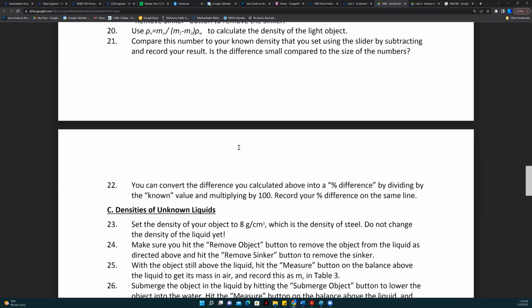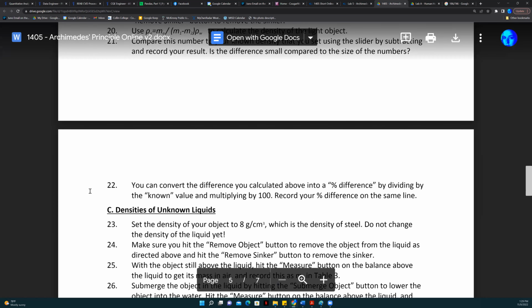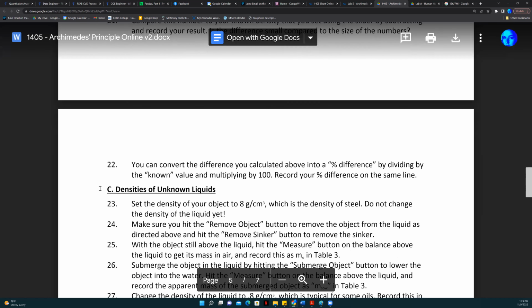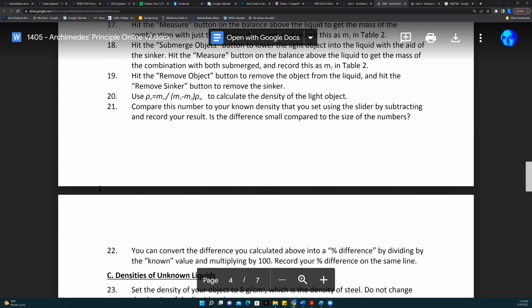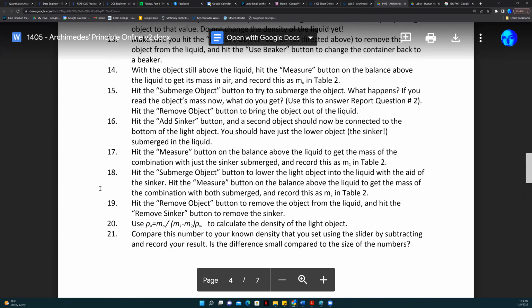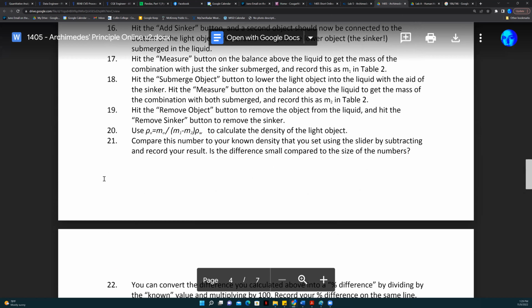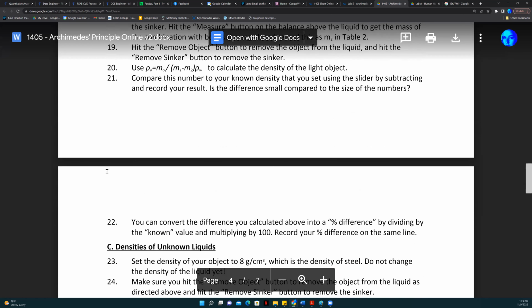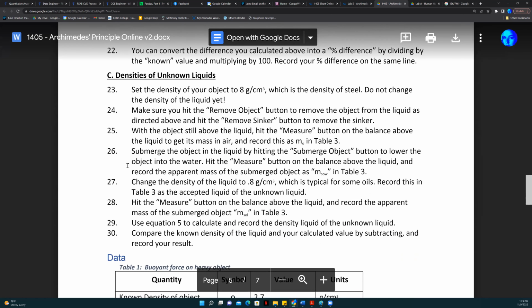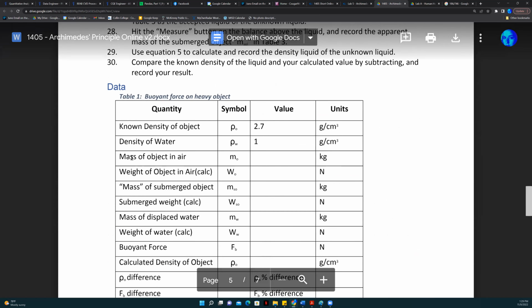So you just get the buoyant force just like you would if there was no sinker there. That's just a quick trick that they make you figure out by telling you to measure it that way. And then you have a formula. Okay.